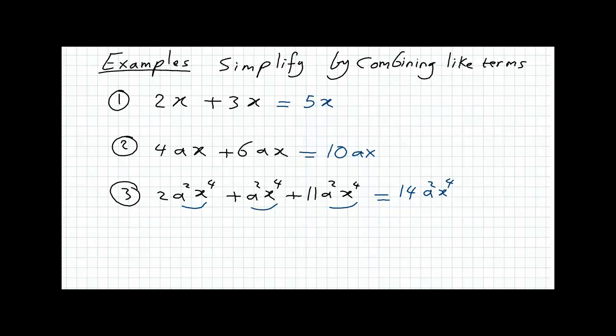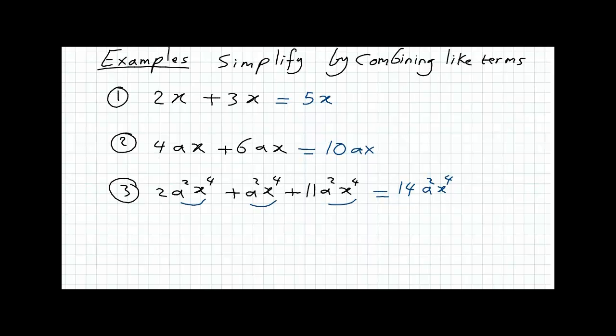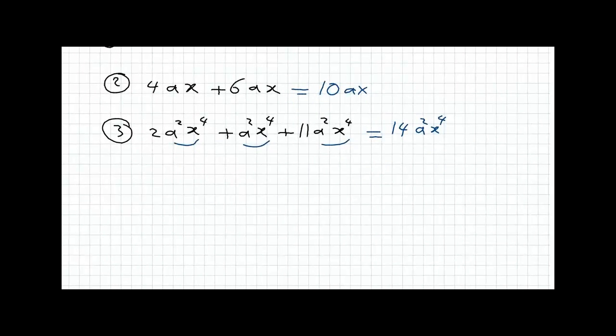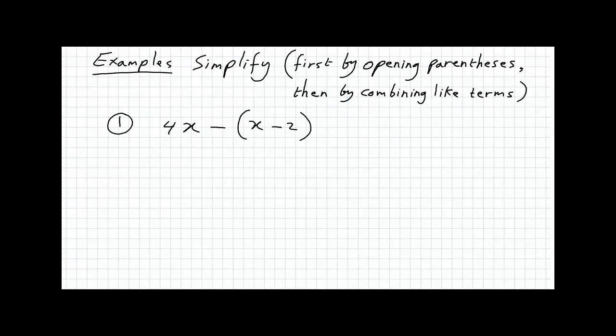Let us take some examples which need simplifying by using both ways. Example 1. First we need to open parentheses. So we should multiply -1 times each term inside parentheses. We will not change the first term, so we will write it as it is, 4x, changing the signs inside parentheses, minus x plus 2.